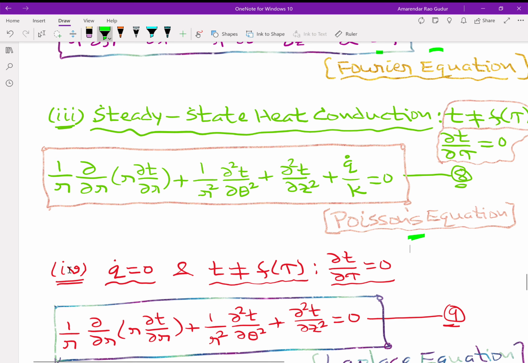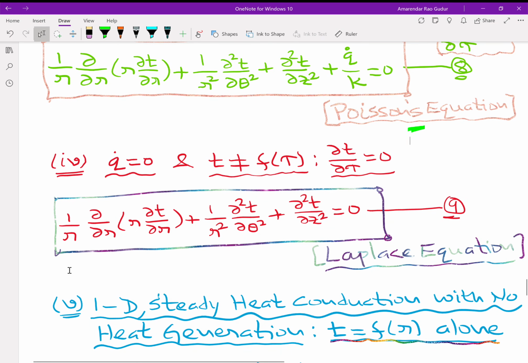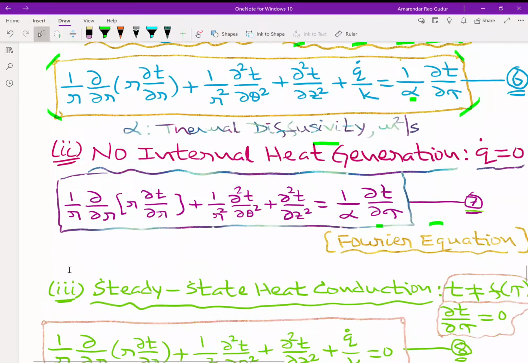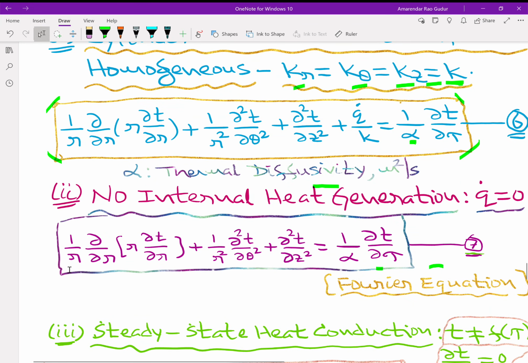Now the fourth assumption is the combination of second and third. We assume no heat generation and steady state conditions, resulting in the Laplace equation. There is R conduction plus theta conduction plus Z conduction is equal to 0. Like this, we can have different types of conditions that can be incorporated in this equation.